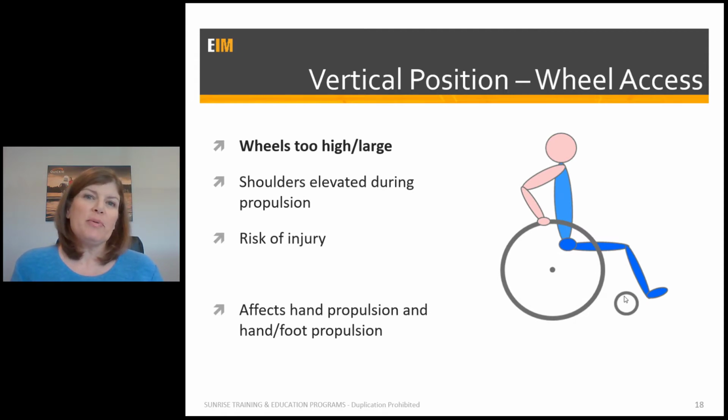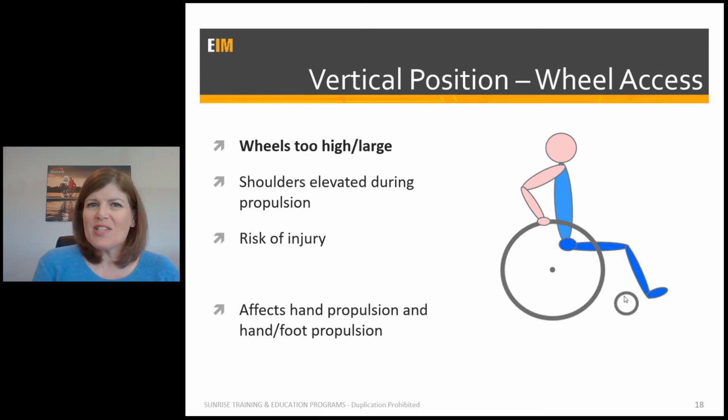In terms of my vertical position, another thing that can happen is that the wheels might be too large for an individual, or the seat to floor height might be too low relative to the size of the rear wheels. What you're seeing from the graphic is that the shoulders are really elevated when trying to access the hand rim.